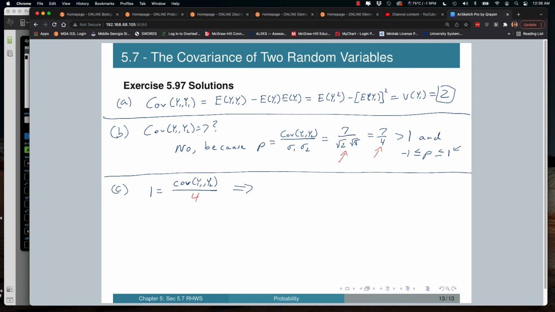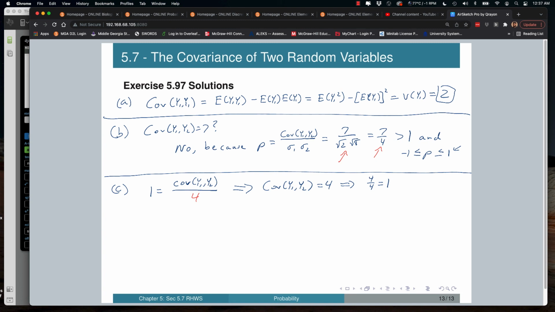This implies that the covariance of y sub 1, y sub 2 cannot be any larger than 4 if we multiply that and solve for the covariance in that equation. Which implies that the biggest value the covariance can take on is 4, and 4 over 4 does give us 1 if we plug back into the original formula for rho.